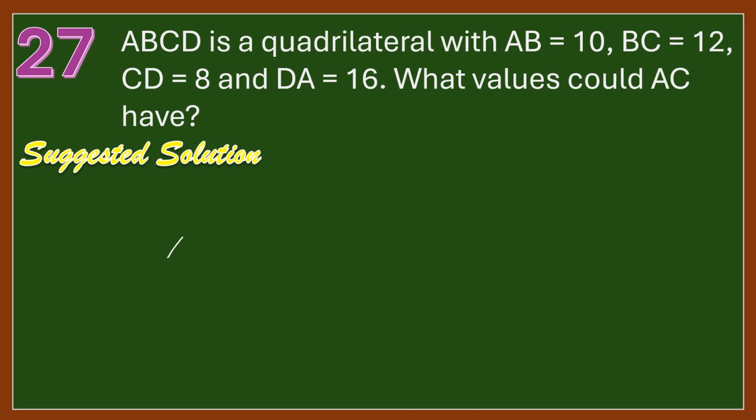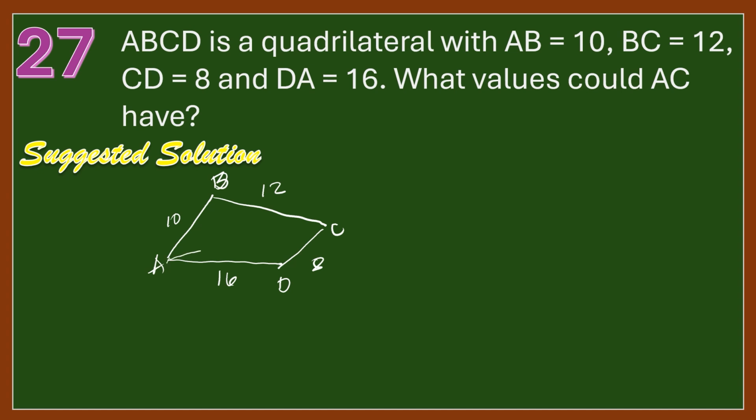So we have AB is equal to 10, BC is equal to 12, CD is equal to 8, and DA is equal to 16. What values could AC have?